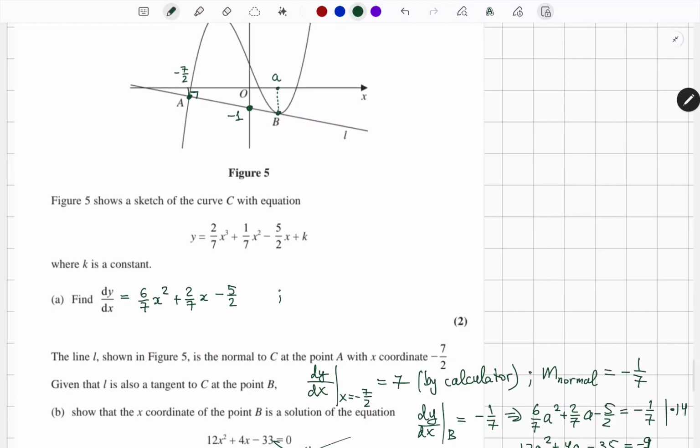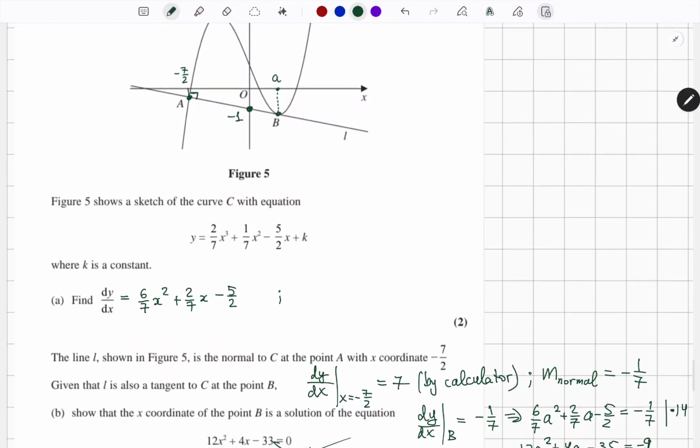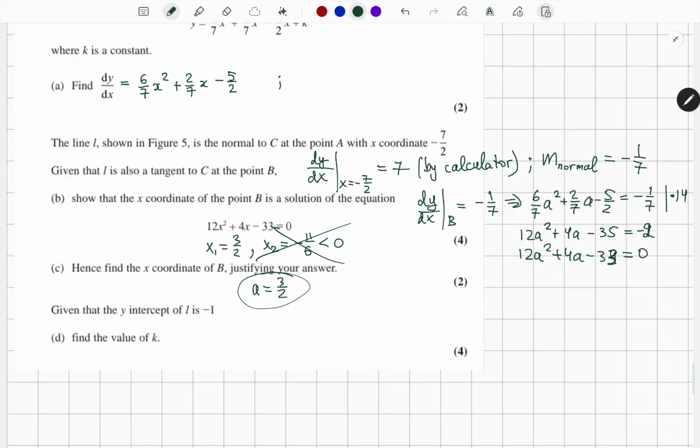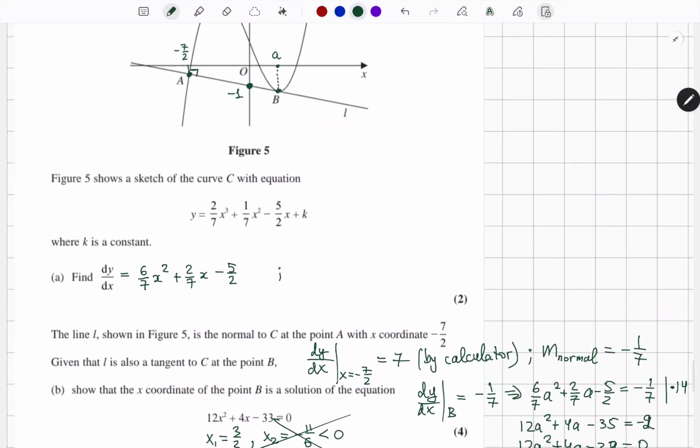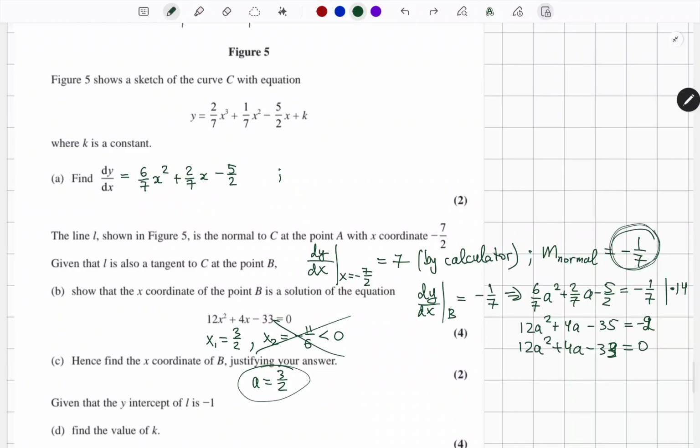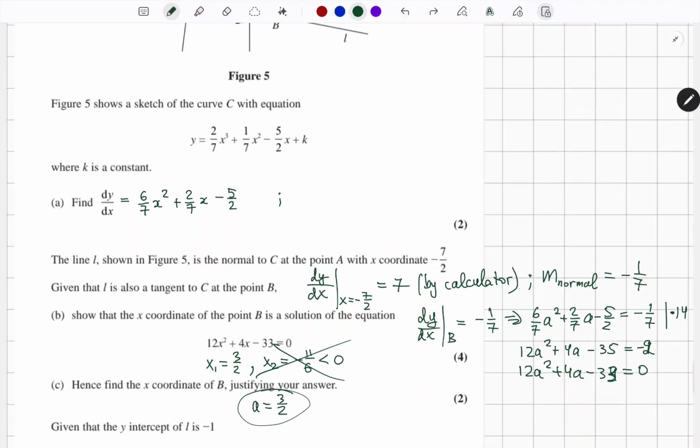Yep, because, oh, how can I know the value of k? Okay, so let's find the equation of L. Okay, let's find the equation of L. I know it has a gradient. What gradient does it have? It has gradient of minus 1 over 7, right?